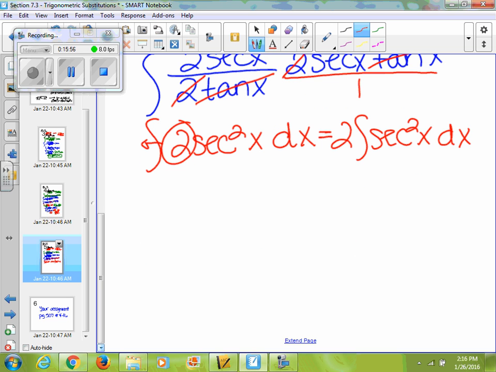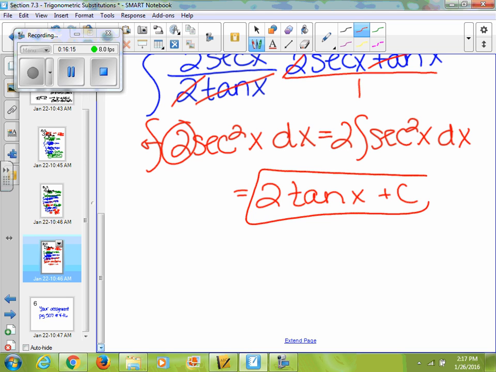And that should be on your integral sheet. The integral of secant squared, I believe, is there. Tangent of x, right? So, since the integral of secant squared is tangent, this just becomes 2 tangent of x plus c.